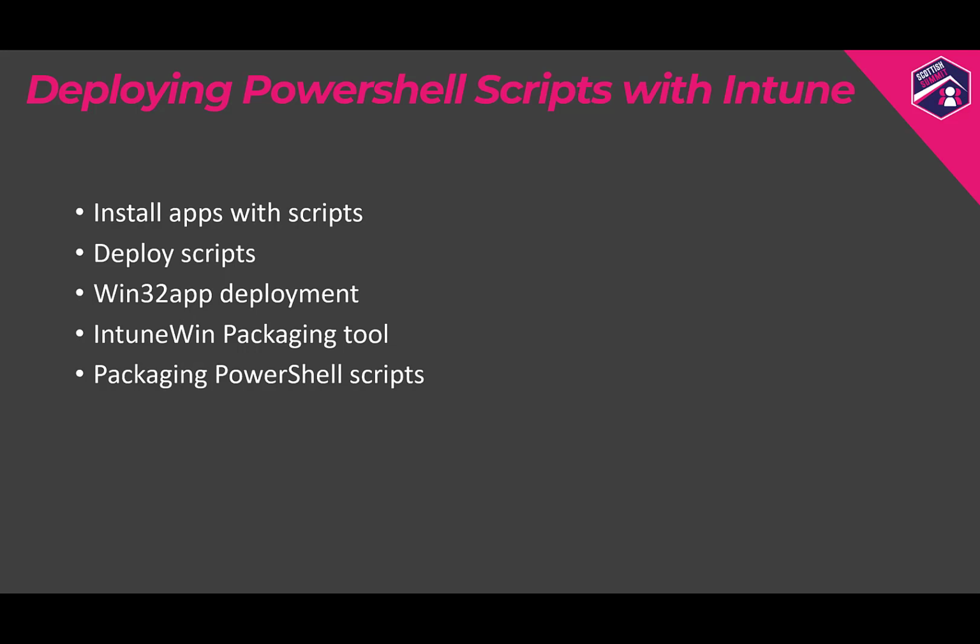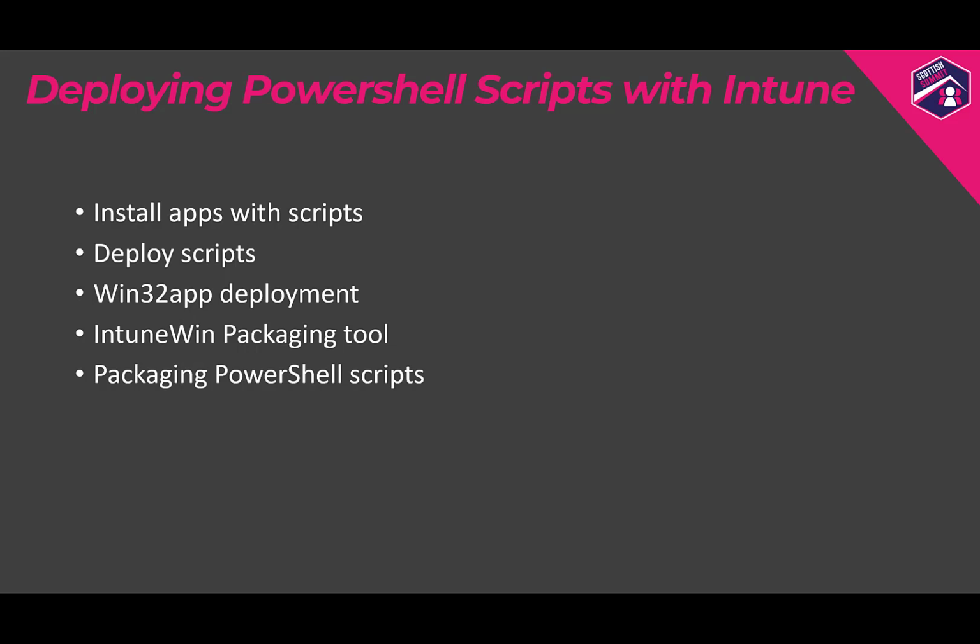But the Intune Win packaging tool will be able to automate, and that is going to get us this speedy deployment scenario that we are going to be showing you today. So remember, you can also do MSIX, but that will take you more time to get your packages up and running. So we're going to do that, and we're going to be packaging PowerShell scripts to install applications.